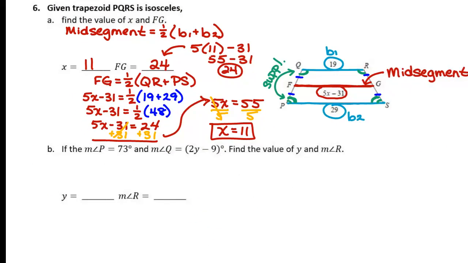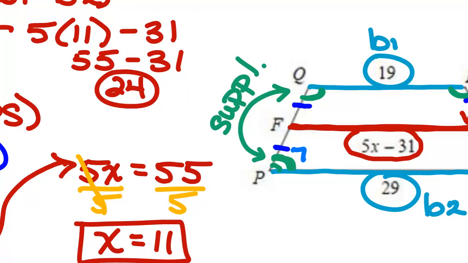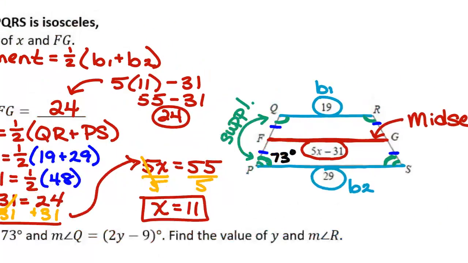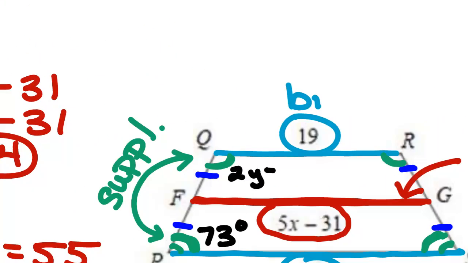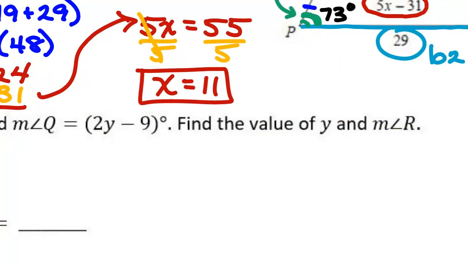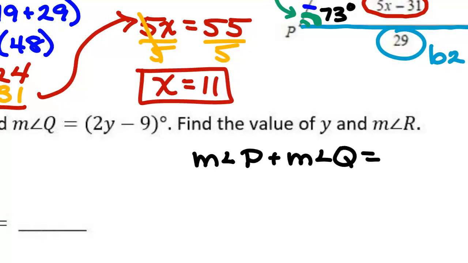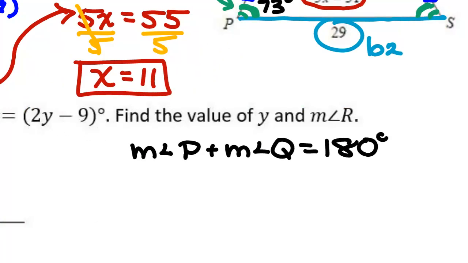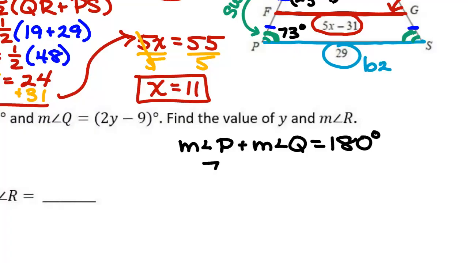Says that P is 73 degrees. And Q is 2y minus 9 degrees. Because they are supplementary, they are going to add to 180. So the measure of angle P plus the measure of angle Q equals 180. So I would have 73 plus 2y minus 9 equals 180.